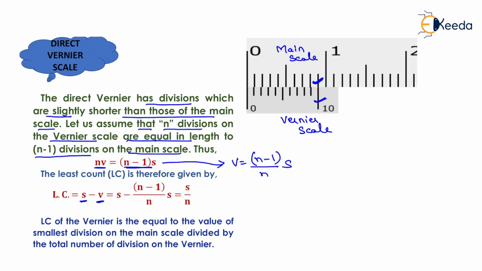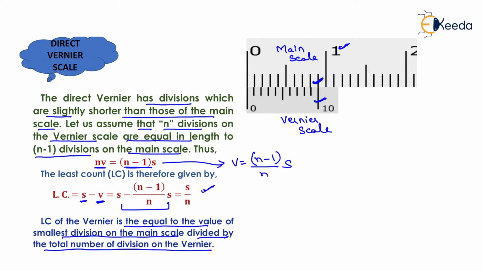Now we put this value of v in this equation and we get s minus (n minus 1 upon n into s). On solving this equation we get s by n. So the least count of the vernier is equal to the value of the smallest division on the main scale divided by the total number of divisions on the vernier scale.